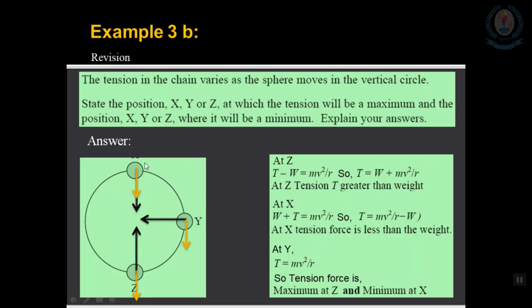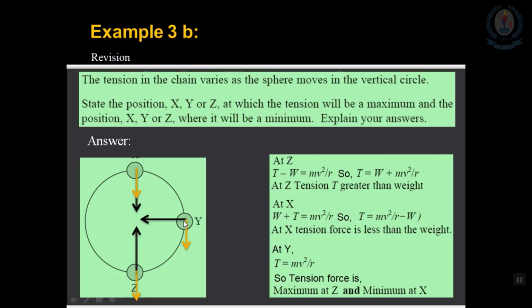At x, tension and weight both are acting towards the center. So the resultant force towards the center is tension plus weight. So tension plus weight is equal to mv squared over r, hence tension is equal to mv squared over r minus W. At x, tension force is less than the weight.